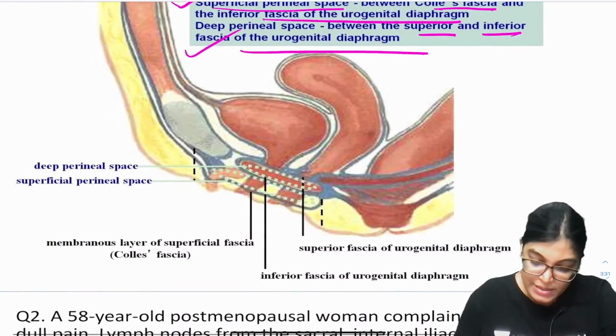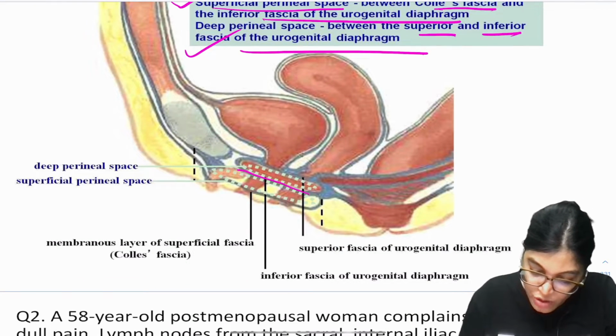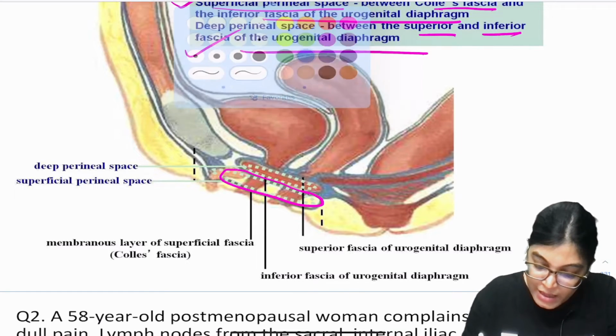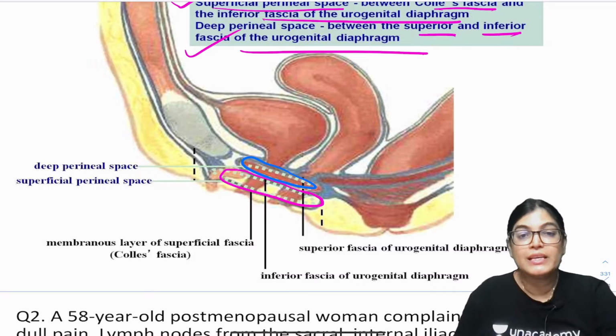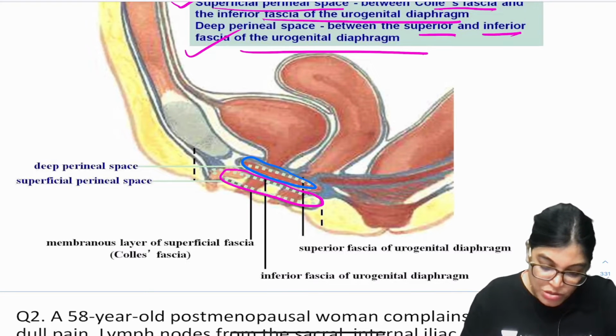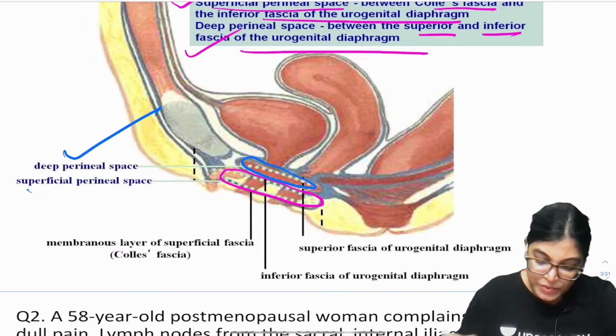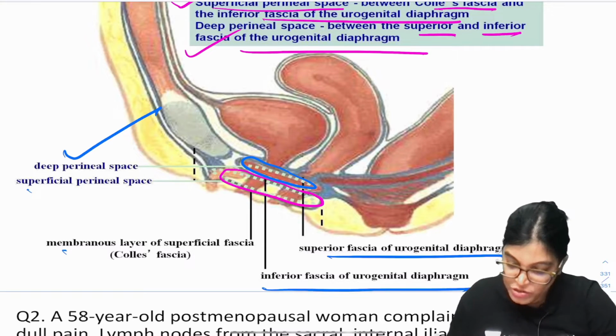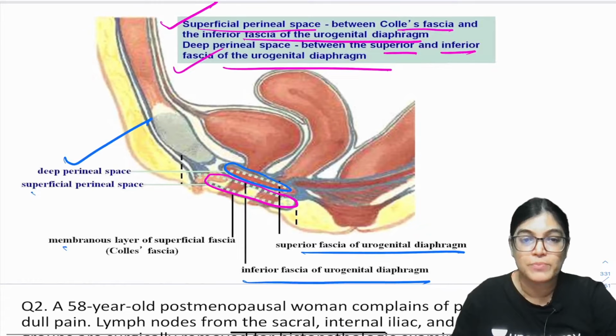So see here, this dotted line is the superficial perineal pouch, and above it the other space which you are seeing is the deep perineal pouch. Deep perineal pouch is lying exactly between the superior layer of urogenital diaphragm and the inferior fascia of urogenital diaphragm, which is also called the perineal membrane.